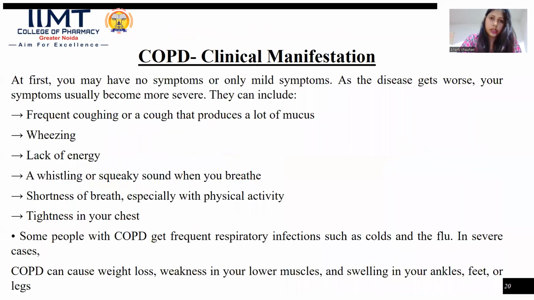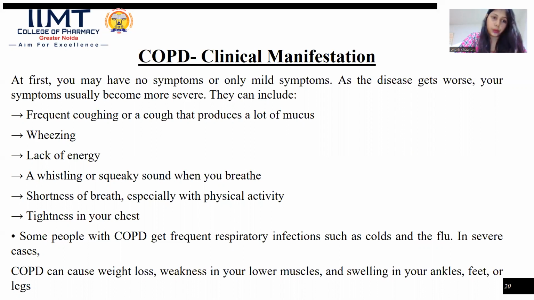This is the etiopathogenesis of COPD, and now we will talk about the clinical manifestations. At first, you may have no symptoms or only mild symptoms. As the disease gets worse, your symptoms usually become more severe.